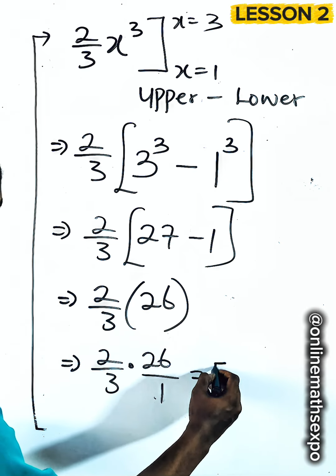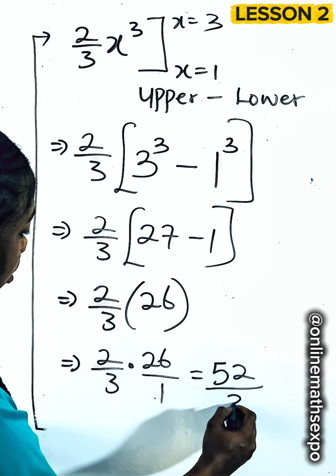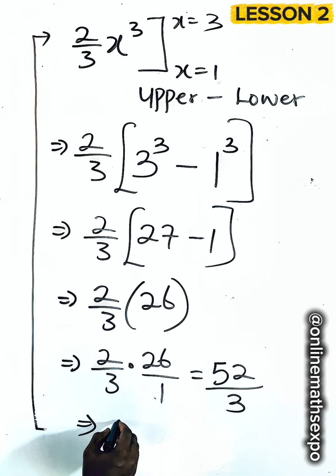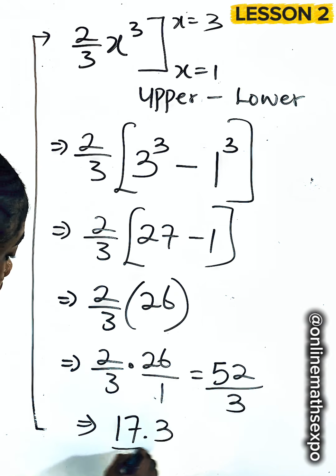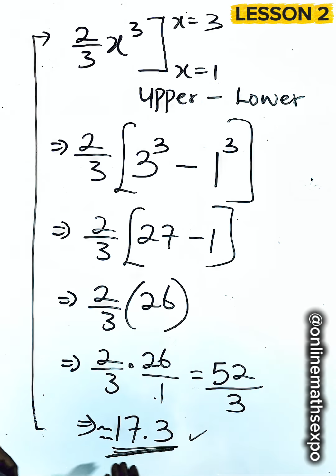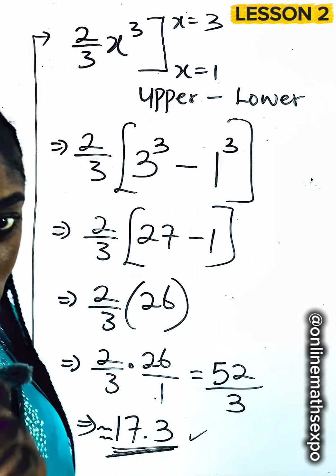Simplifying, this will give us 52 divided by 3, and if you simplify, it gives us 17.3 as an answer. So this is the approximated value for integrating. And remember that each time you have a definite integral, your result is always a constant.